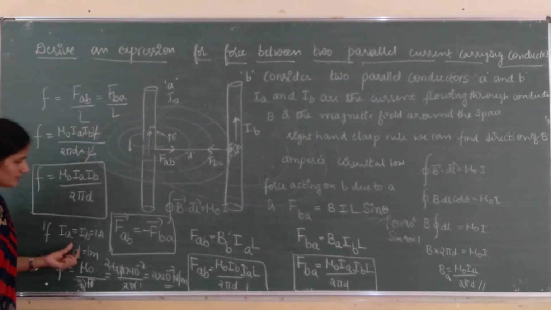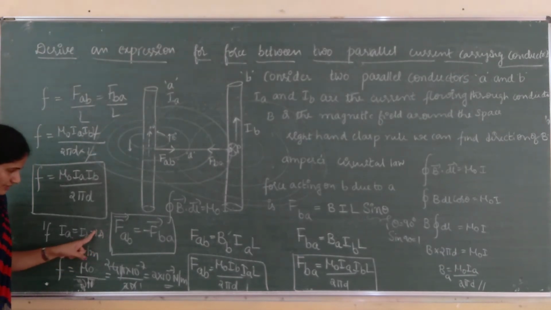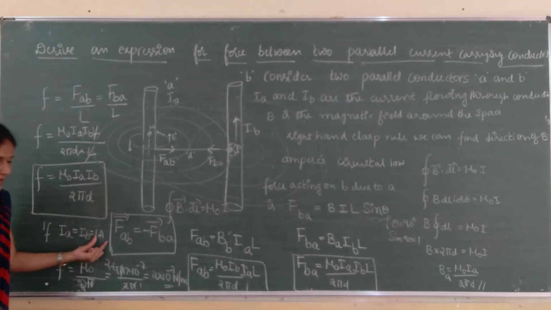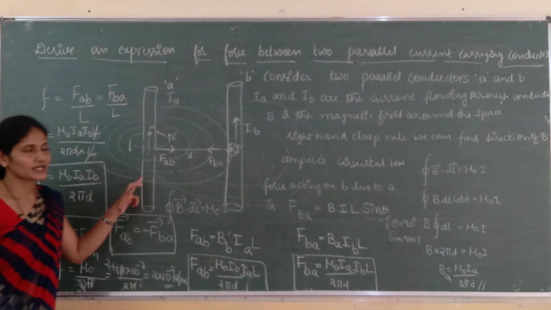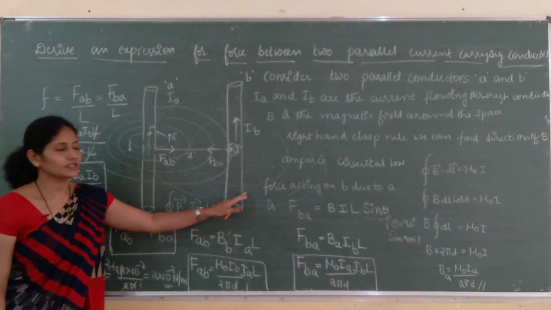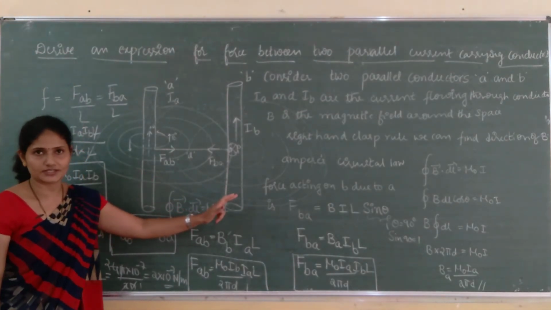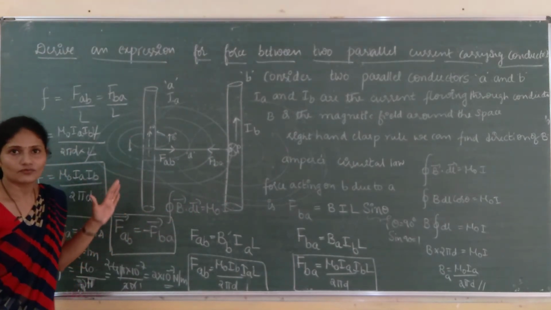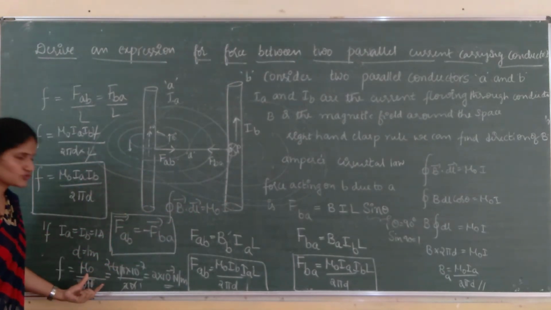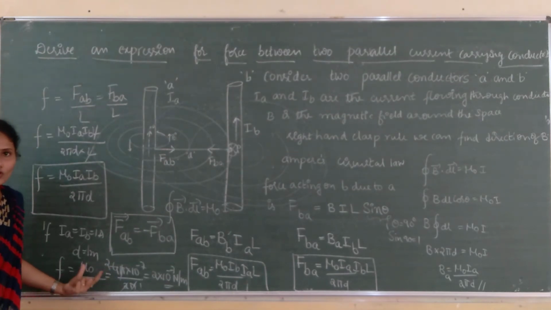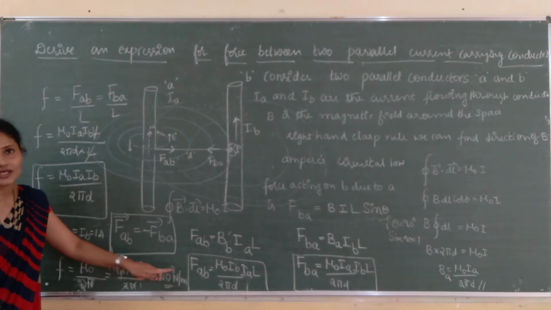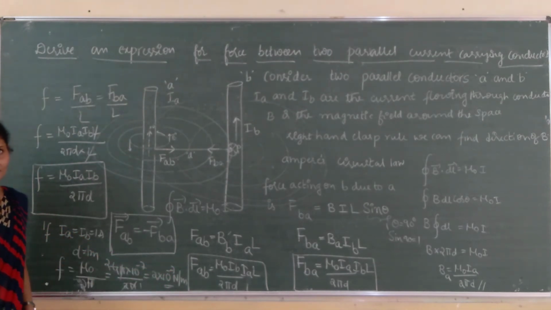That is how we can define 1 ampere. 1 ampere is the steady current which, flowing in two conductors placed 1 meter apart in vacuum, would experience a force of 2 into 10 to the power minus 7 Newton per meter.